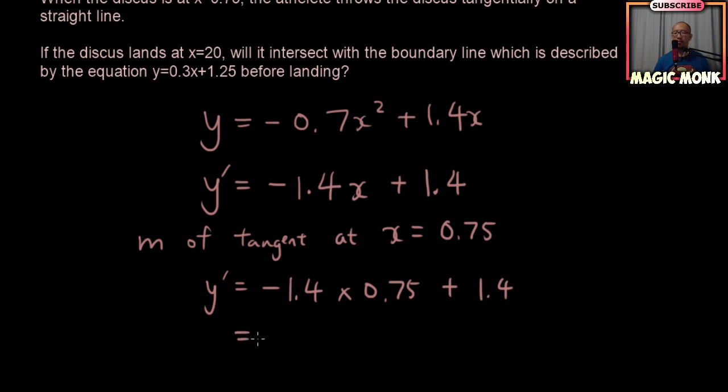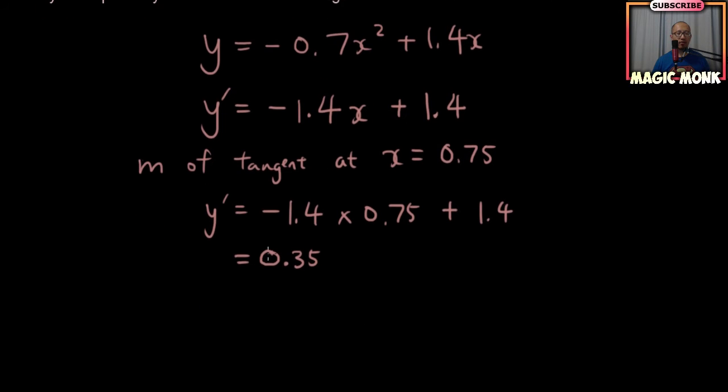So let's type that into the calculator. Negative 1.4 times 0.75 plus 1.4. And the answer is 0.35. So that is the gradient of our tangent equation. The tangent equation has the form of a straight line, y equals mx plus c.